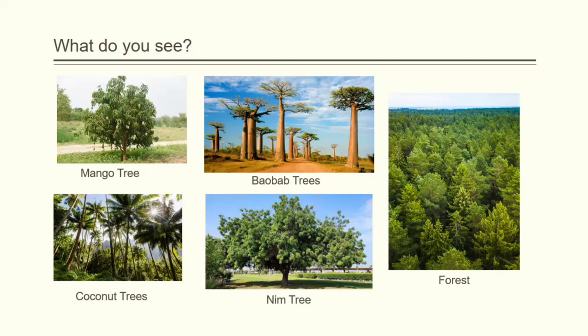This is a forest made up of so many other trees. Now you may be wondering why we are showing trees all of a sudden. Do you have any idea why we may be showing trees, taking into consideration the topic we are doing?